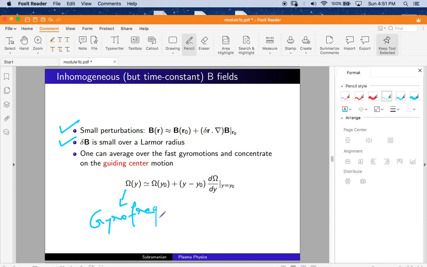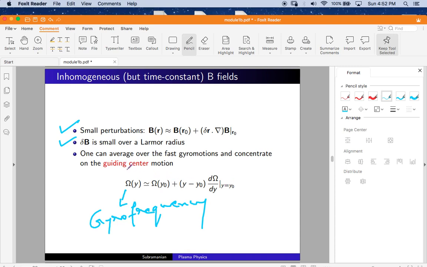This would be the gyro frequency, and the gyro frequency at a given position Y is approximately equal to a constant value plus a Taylor expansion. So there is a finite d omega dy. There's a finite, because the magnetic field is changing, the gyro frequency is also changing, but it's changing gently, so gently that just the first term of the Taylor expansion is good enough.